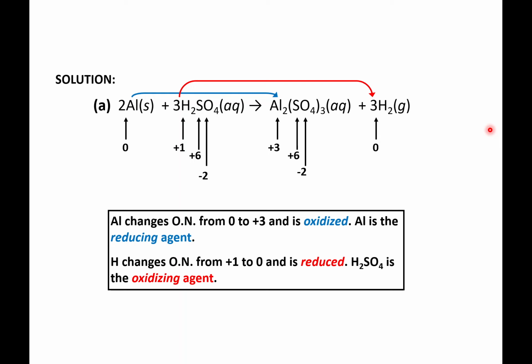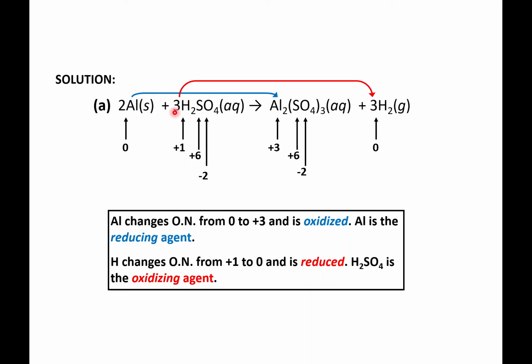So what is the oxidizing agent and what is the reducing agent? Well, remember, the thing being oxidized is causing something else to be reduced. So aluminum being oxidized is causing hydrogen here to be reduced. So aluminum is the reducing agent. The opposite is true for the hydrogen. Hydrogen here is being reduced, so it is causing aluminum to be oxidized.